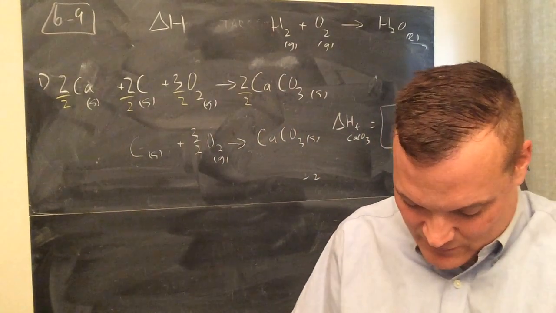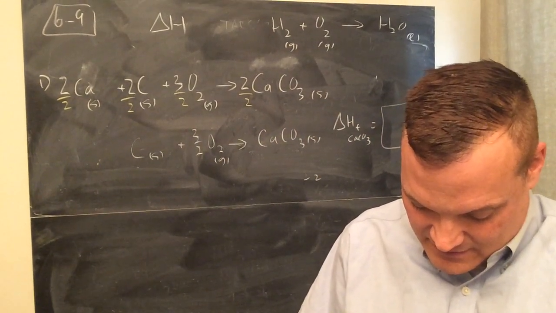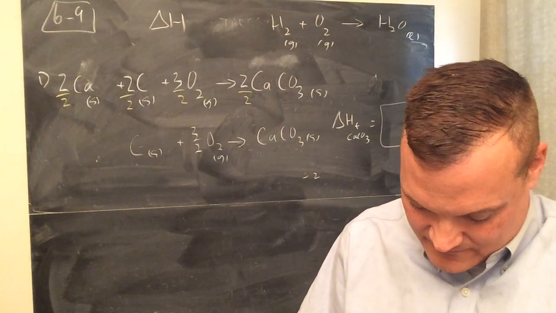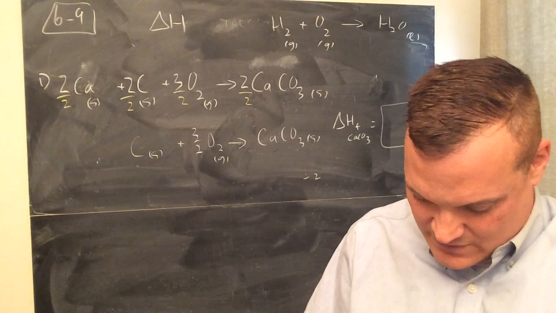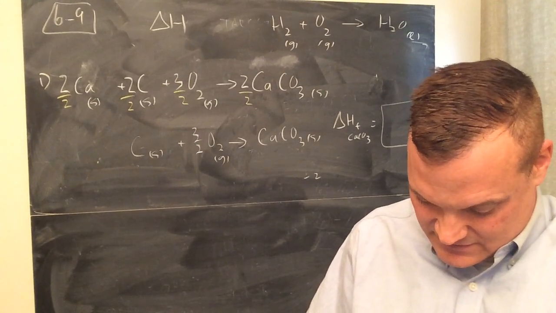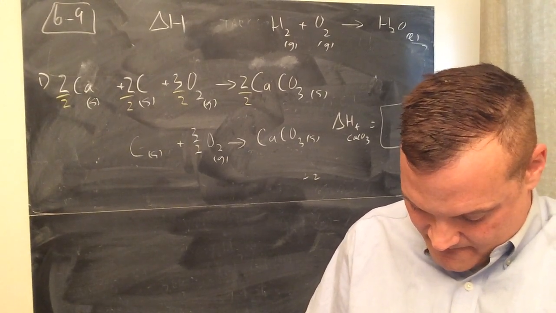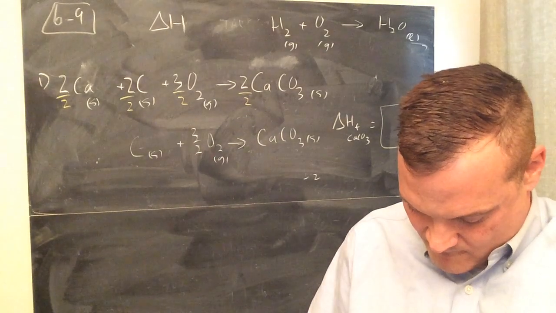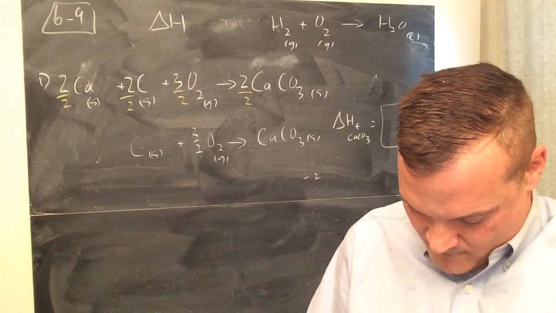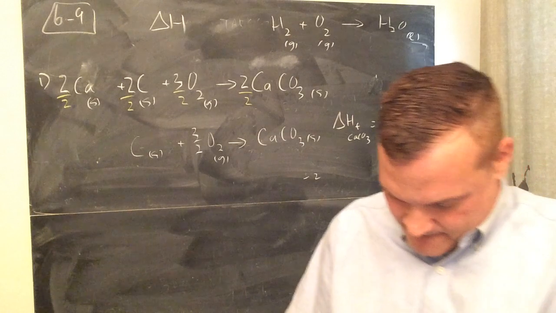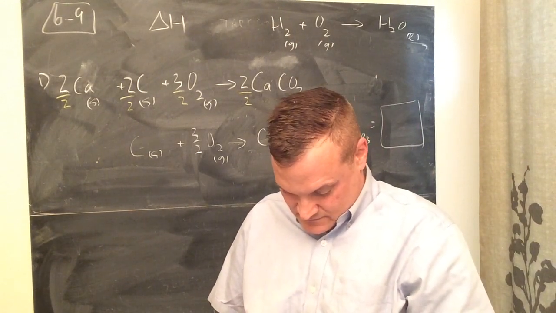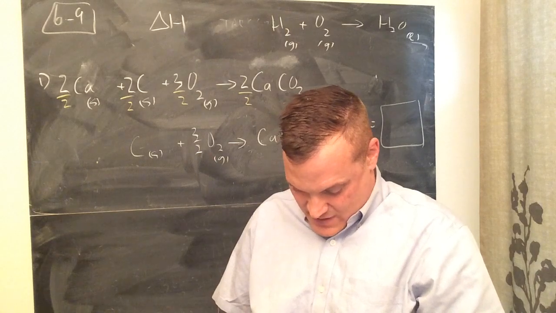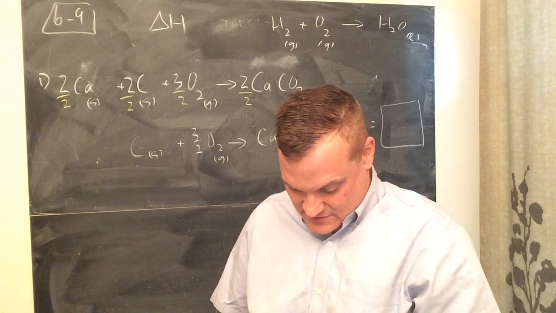You know, I don't have it with me. Let me see if I can find it, though. You know what? I might not be able to. No, I'll have to look on the chart.